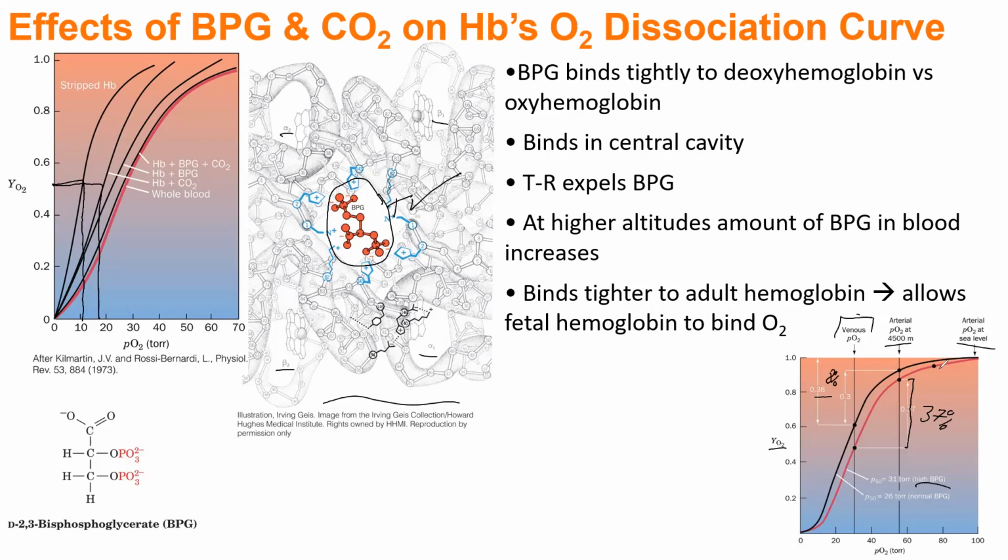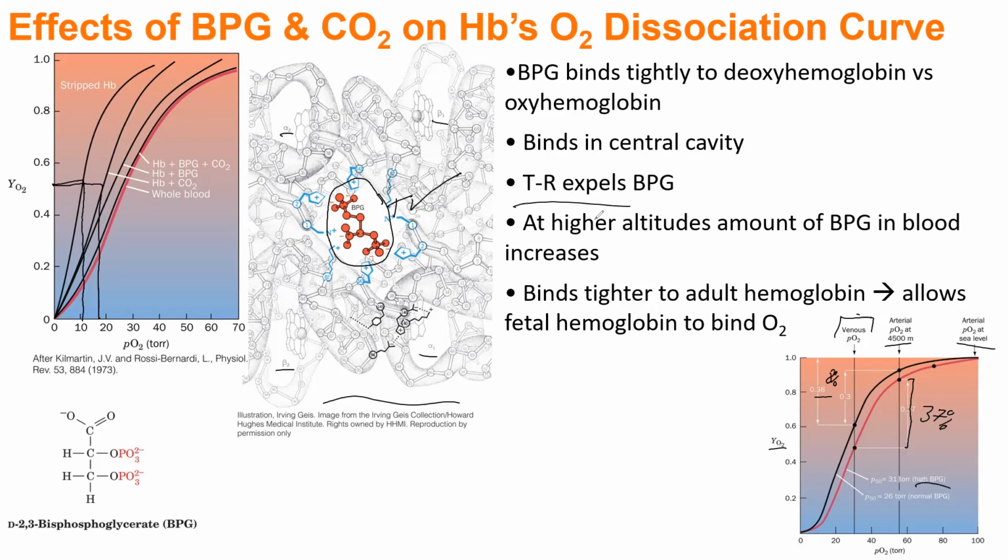So when the mother's hemoglobin comes near the fetal hemoglobin, which is like always in the R state, it will steal that oxygen from the mother's hemoglobin, which is a good thing because you don't want your fetus to be oxygen deprived. So it will just say, thank you for that oxygen. I want it more than you do. I will take it. It is now mine. So that is two reasons why BPG is actually very important for us.